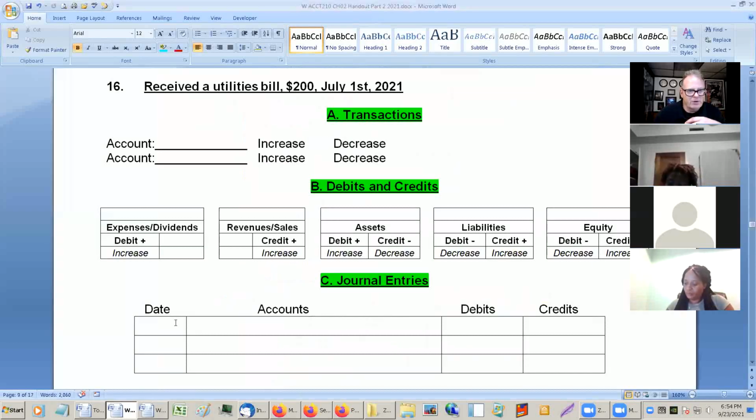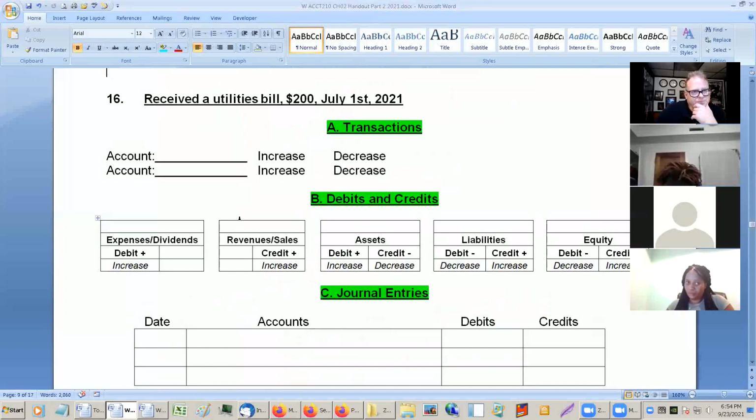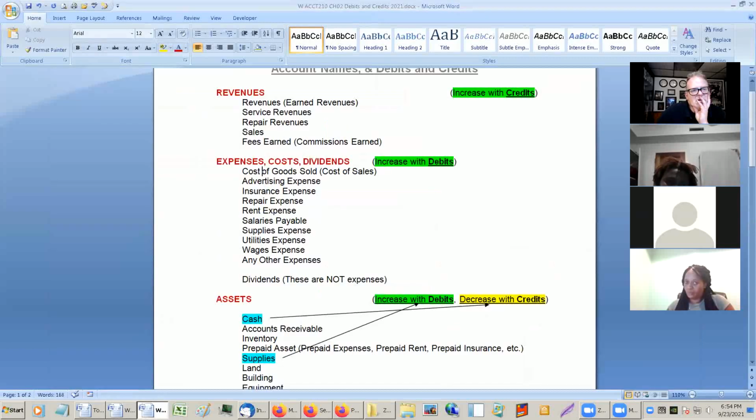Okay, so let's go back to what we're doing here. Received a utility bill for $200. What kind of account is that probably going to be?